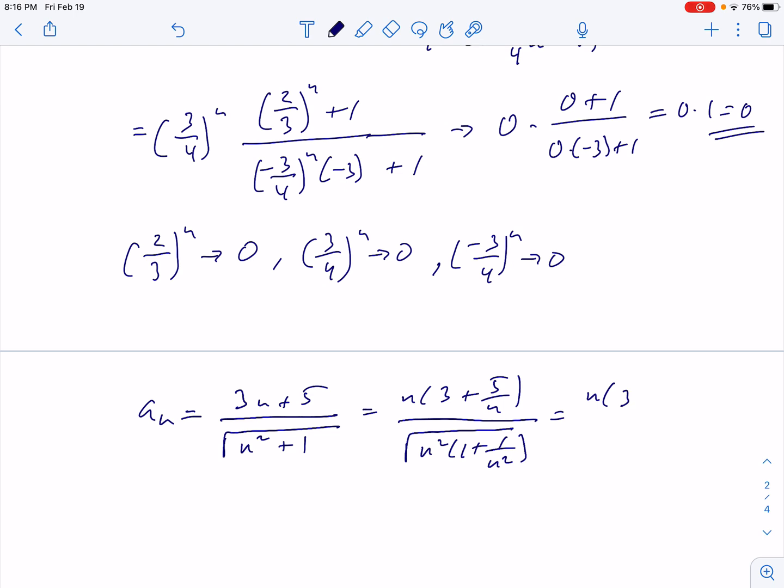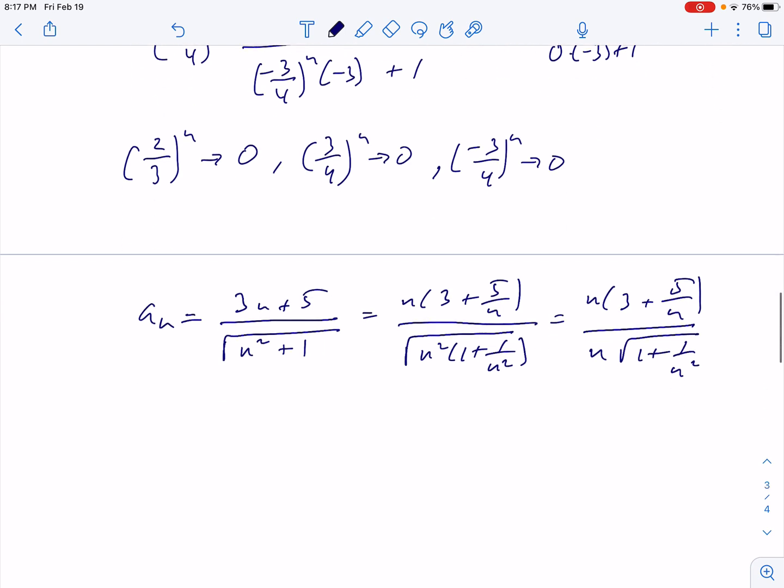There will be on the top n times 3 plus 5 over n. Here below we have the square root of n squared, which is just n, and another square root, 1 plus 1 over n squared. We can reduce by n.